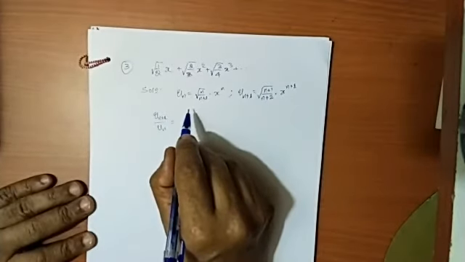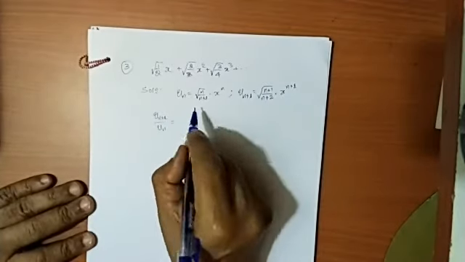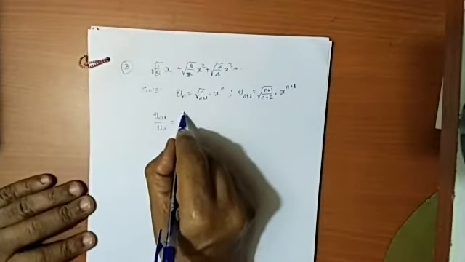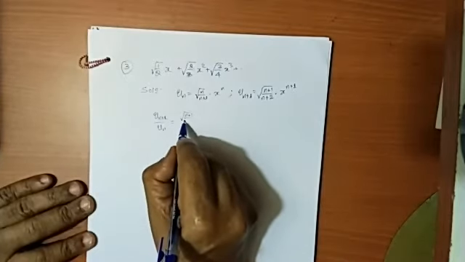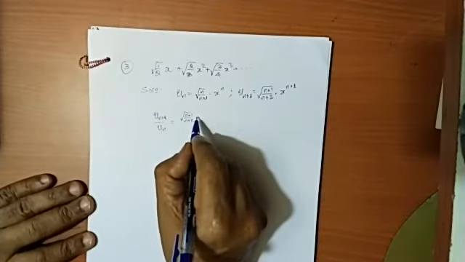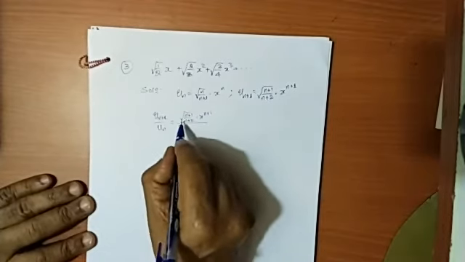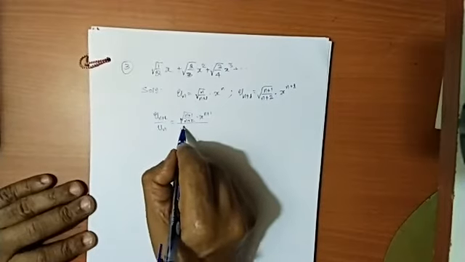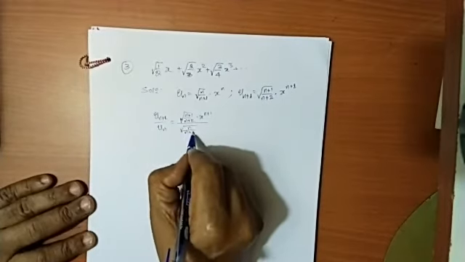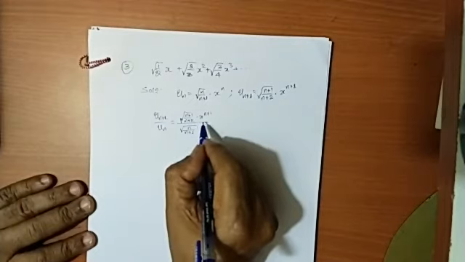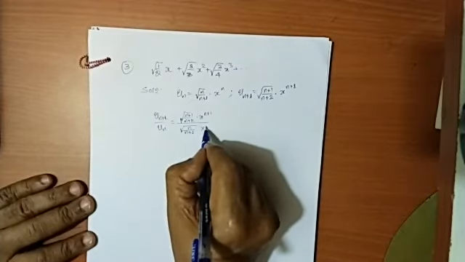So it is root of n plus 1 over n plus 2 times x raised to n plus 1 divided by root of n over n plus 1 times x raised to n.